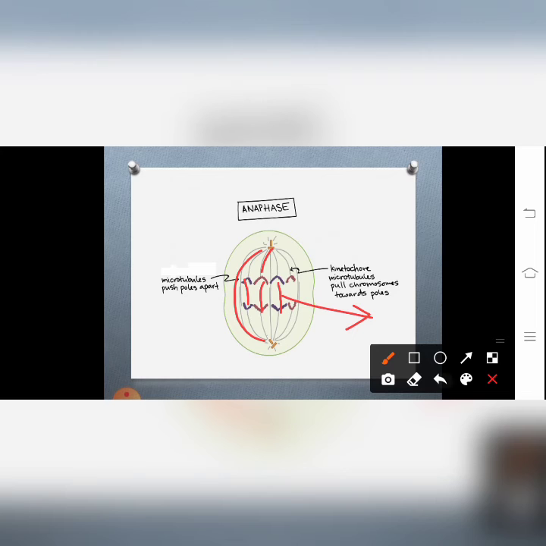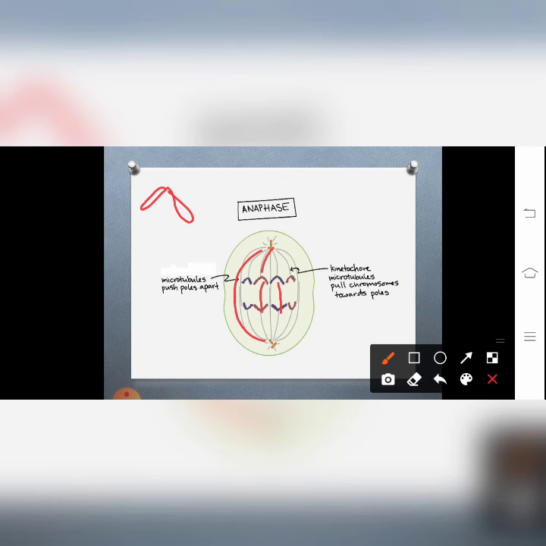And based on the position of the centromere, we can see different shapes of chromatids. For example, if it is a metacentric chromosome, it will look somewhat K-shaped.